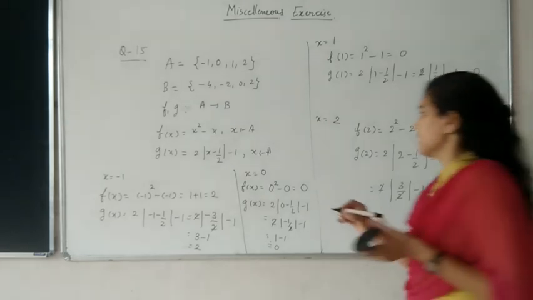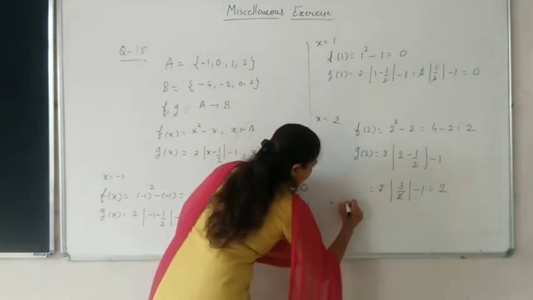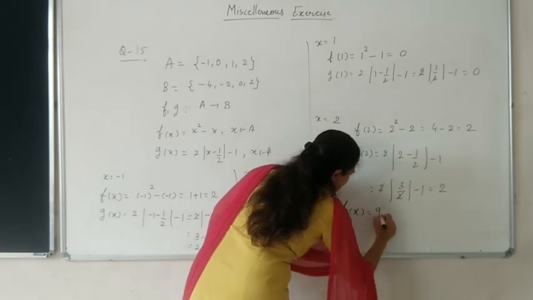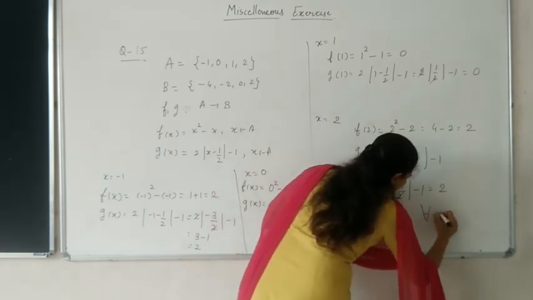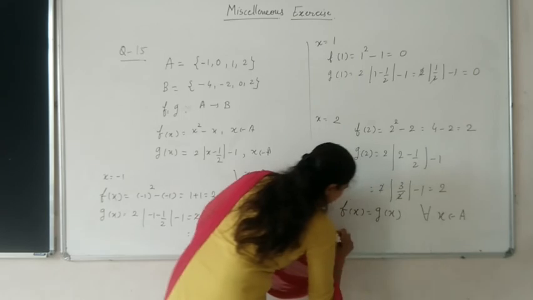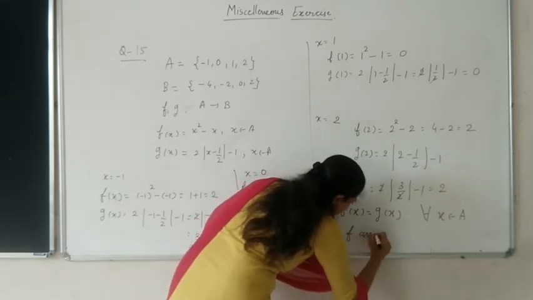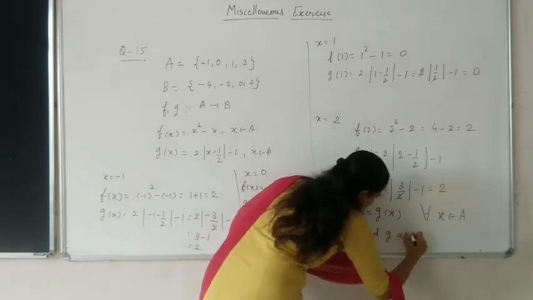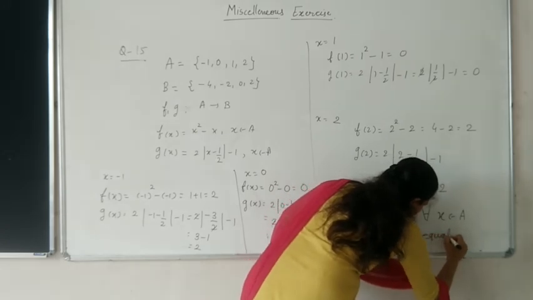So here we can say that f(x) is equal to g(x) for all x belongs to A. Therefore f and g are equal.